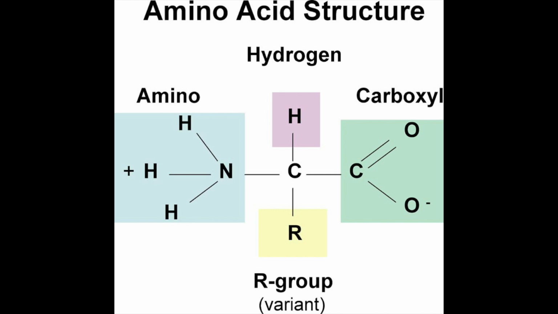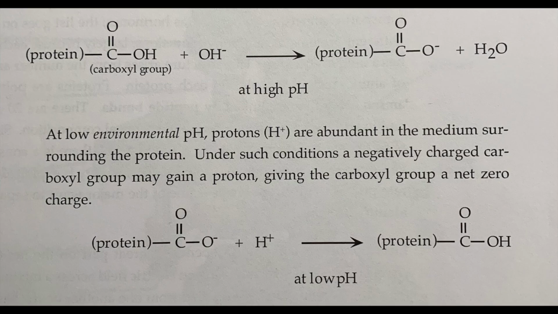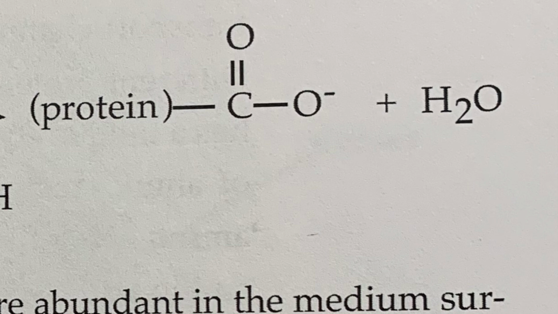The funny thing about this, and I misunderstood it at the start of the lab, is that the carboxylic groups, in high pH, will lose a proton because there is a deficit in the concentration of H+ ions.